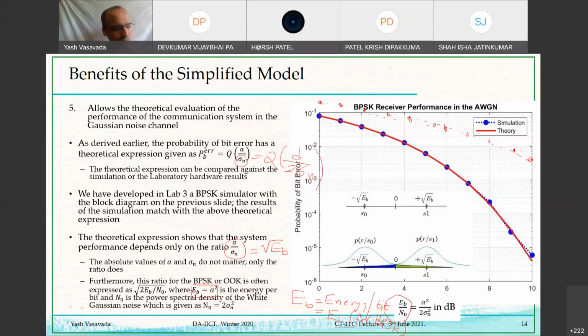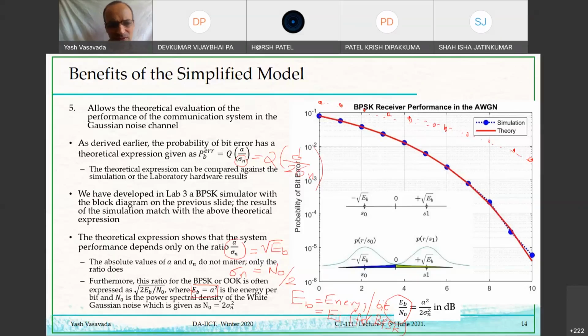Now there is one concept that we will very briefly look at later on. For the time being, you just take my word for it. It is that sigma n is something called N naught divided by 2. So we are just introducing new notations.